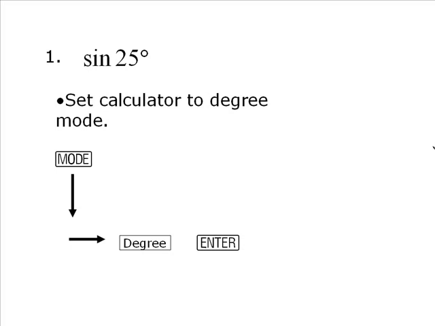You have to watch out for that from here on in this unit, because we'll be going back and forth from degrees to rads, and you always have to be aware of what mode you're in, because it affects trig. Most other calculations are not affected by it, but it does affect your trig. So this is the first time we have to watch out for that. Then all you do is press sine 25 degrees.